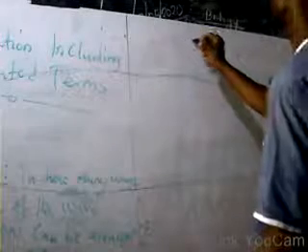So let me say cyclic permutation. I will just write that n objects can be permutated round a circular object in n minus 1 factorial ways.